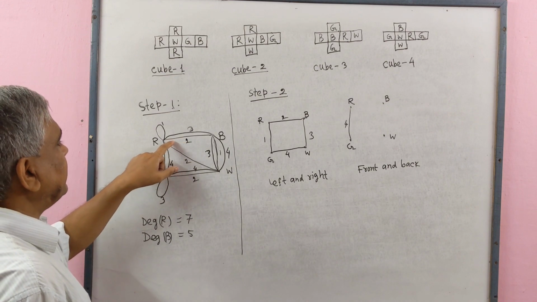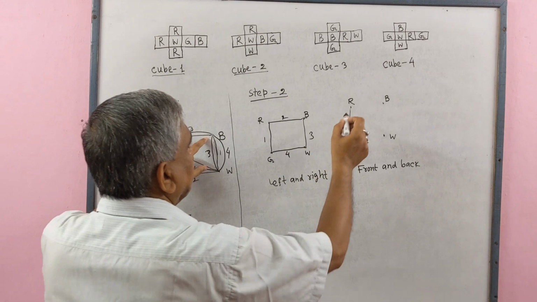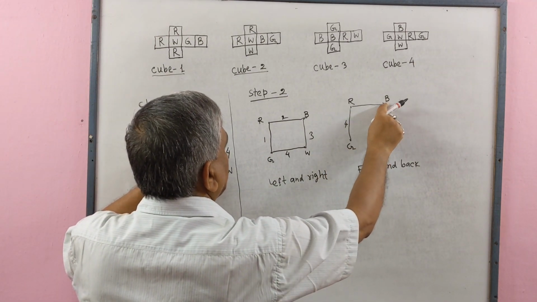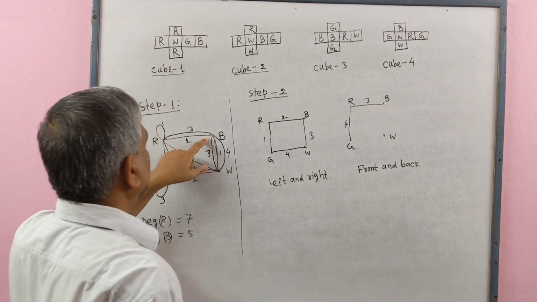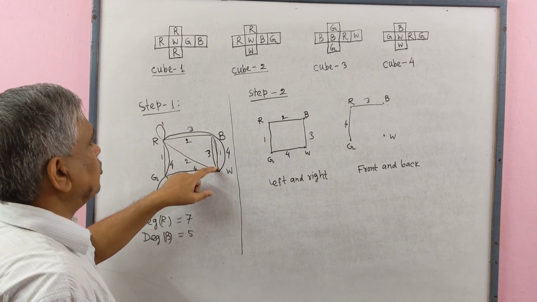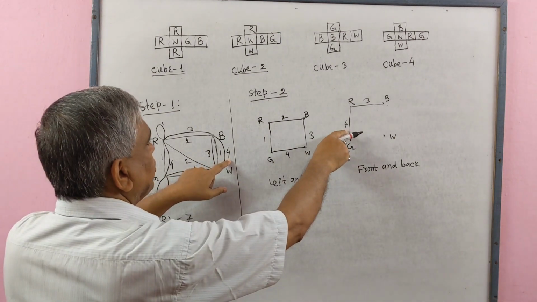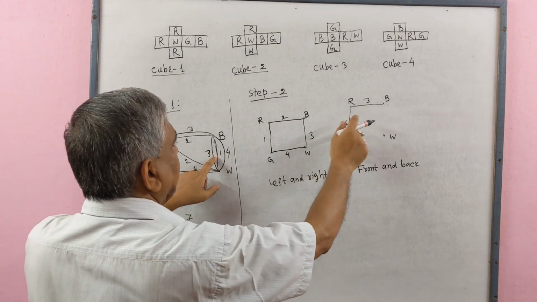Here we have already taken 2, so we will take 3 here. Here we have already taken 3, so we may take 1 or 4, but we have already taken 4 here. So we will take 1 here.